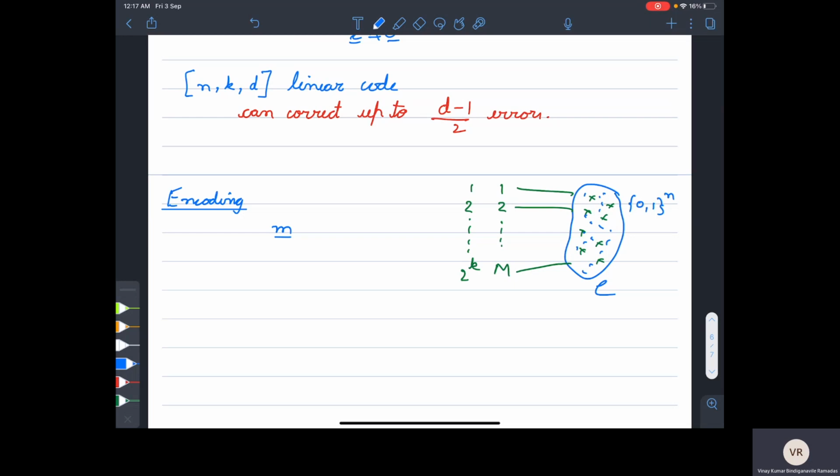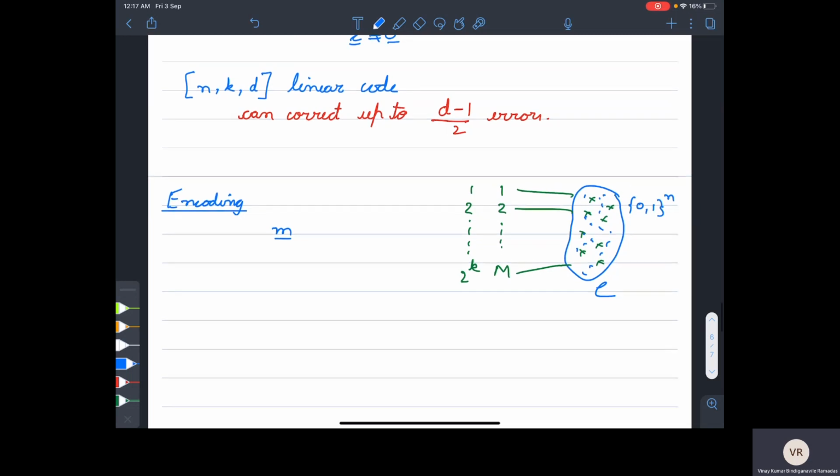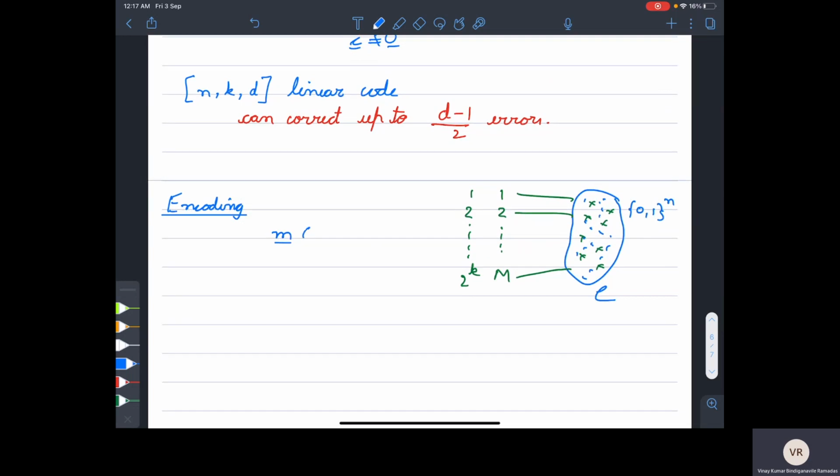It should be a one-to-one mapping, but you can't map any vector to any vector. It should be mapped carefully, such that you respect the minimum distance property of the linear code. So how do we do it?